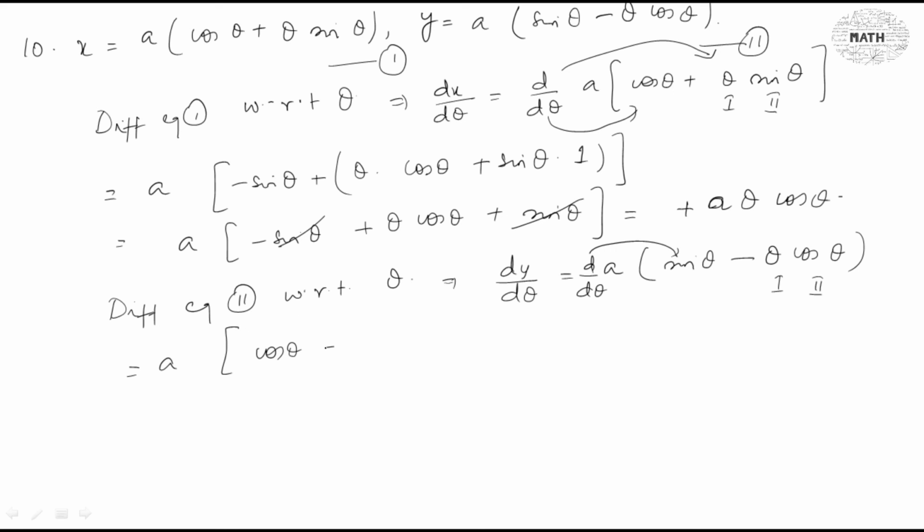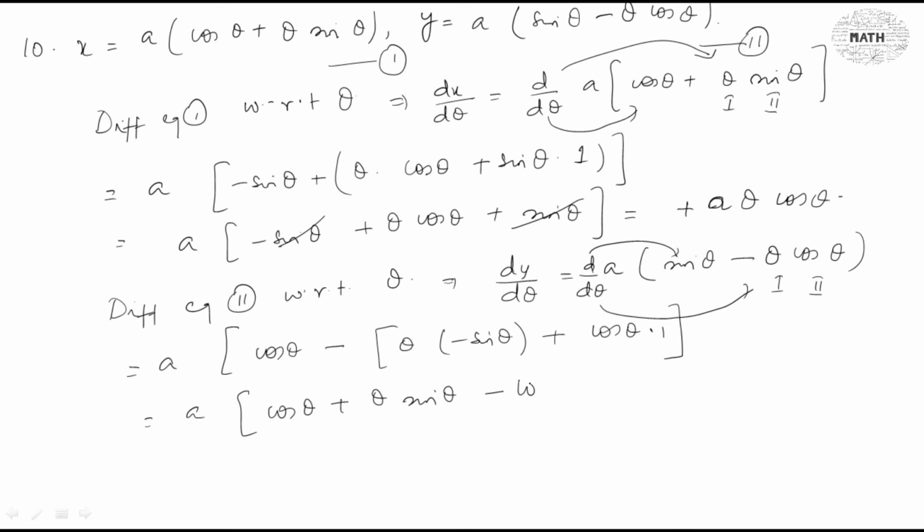Cos theta minus, now this, do it with this one, so there will be theta. So d by d theta of cos theta is how much? Nothing more than minus sine theta, and then plus cos theta into 1. So which would be a cos theta minus, minus into minus plus theta sine theta minus cos theta.